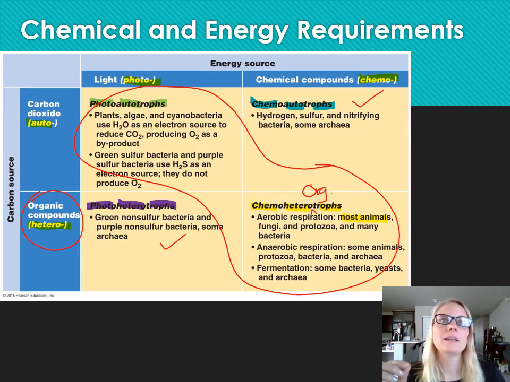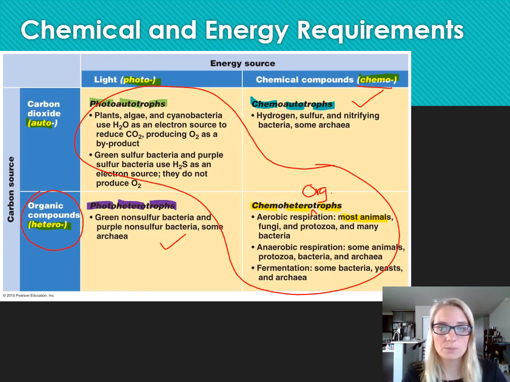The chemicals that provide our energy, right, the chemos, they also provide the electrons. So that's what we saw back in chapter 5. Glucose, which is our organic molecule, provided the electrons that we stripped away into the NADH and FADH2. It was an organic molecule, so that gives it organotroph. It's where those electrons come from.